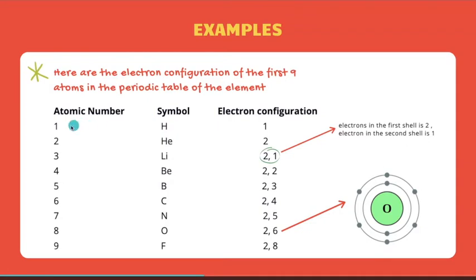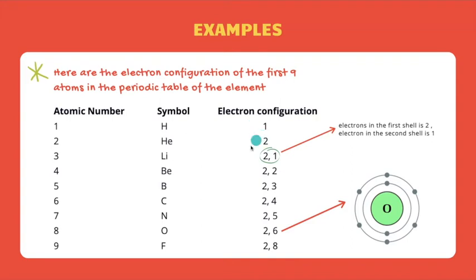The number of protons, shown by the atomic number, is equal to the number of electrons. So hydrogen only has 1 electron, so the electron configuration will simply be 1.